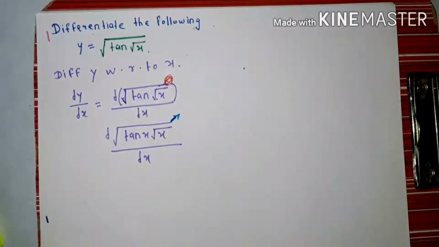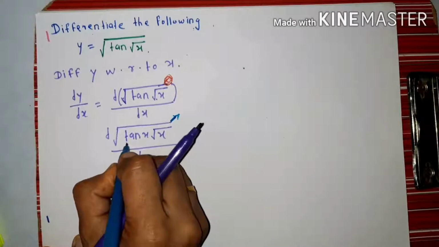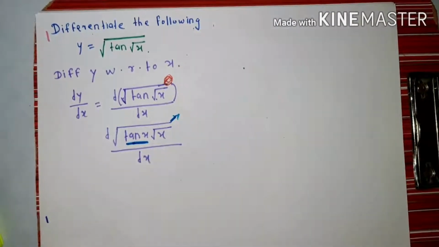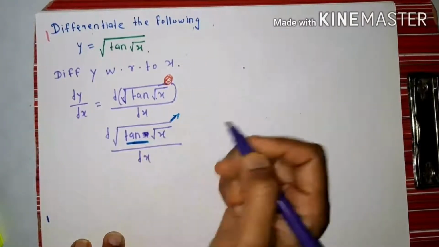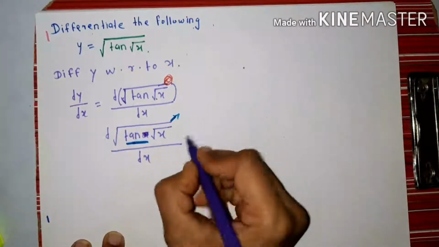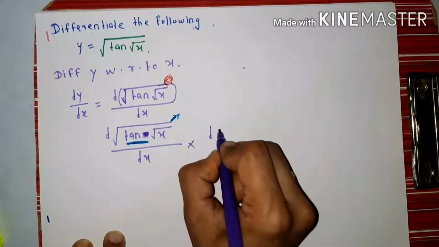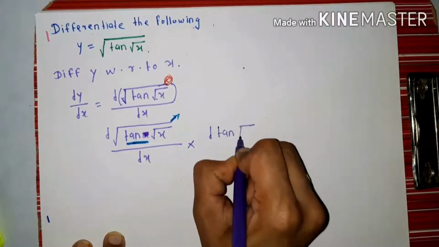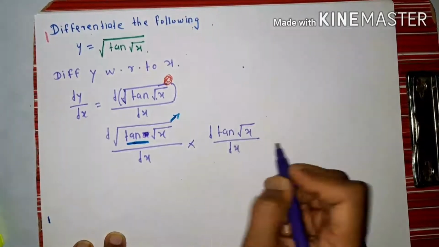And now the function inside, that is tan of root x. Now differentiate this tan of root x into the differentiation of tan of root x with respect to x.